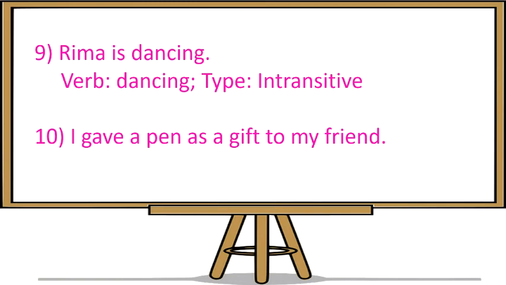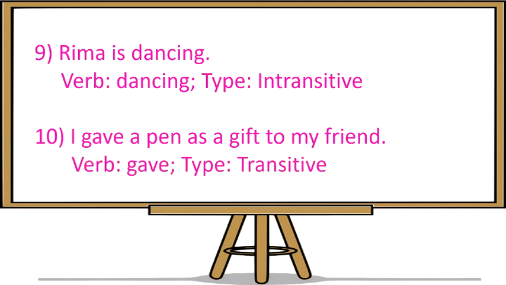We have to find our object. Do not worry about what else is written. If you get your object, if it gives you the answer of what, it is your transitive verb. Alright? So the verb gave is transitive because it has an object, pen.